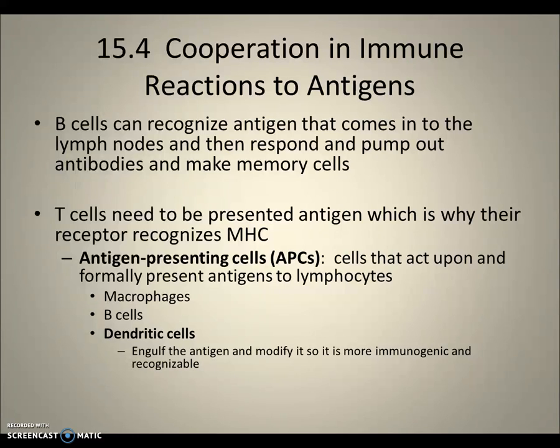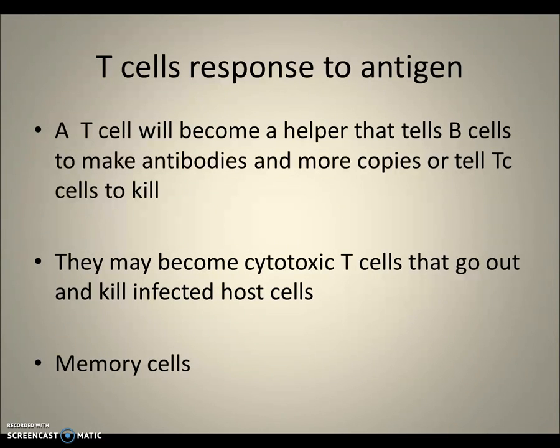And then the T cells say, okay, hey B cell, I see the antigen, and there's your major histocompatibility complex, so I know it's you, and you're not trying to trick me, and so they start to make copies of themselves, the cytotoxic T cells and helper T cells. The cytotoxic T cells leave the lymph nodes and go fight and kill foreign cells and infected host cells. And then the helper cells actually help in certain ways. And we'll talk about it again.